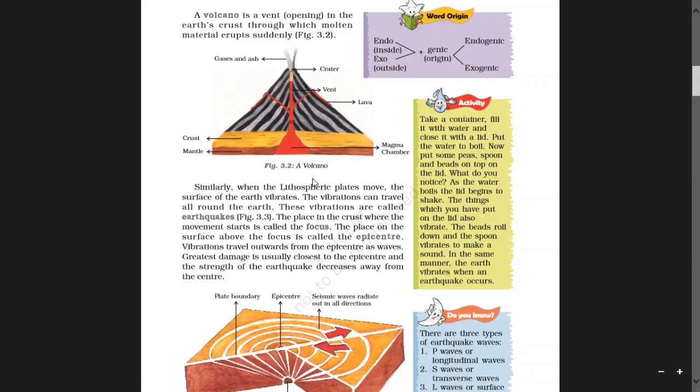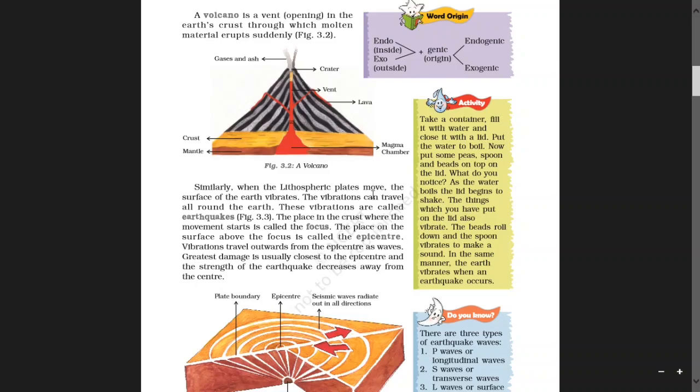Similarly, when the lithospheric plates, the solid outer layer of the earth, move, the surface of the earth vibrates. At that time, the surface of the earth moves continuously and rapidly to and fro.